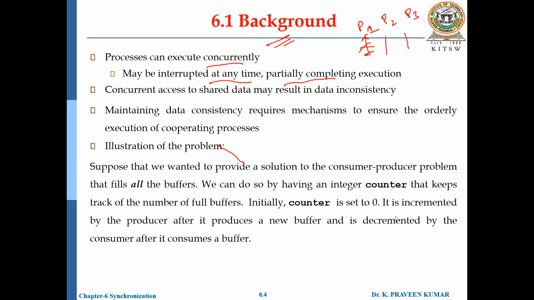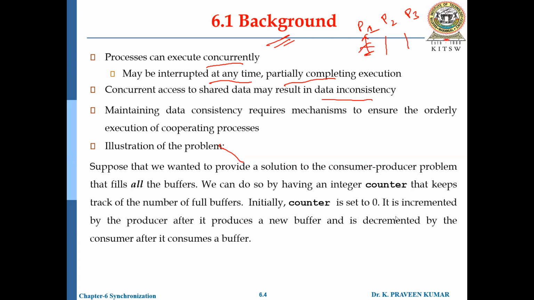Concurrent access to shared data may result in data inconsistency. For example, you are trying to print and you have given 100 pages to print. So the printing software has to work, that is, the drivers have to work, and your printer has to work. It has to check, by using sensors, how many pages are inside. So there are several processes running for this printing process.